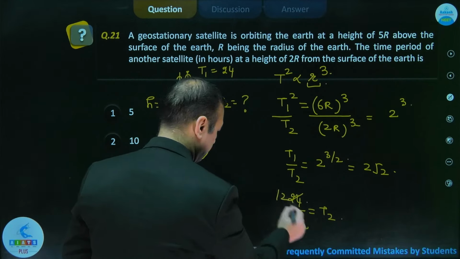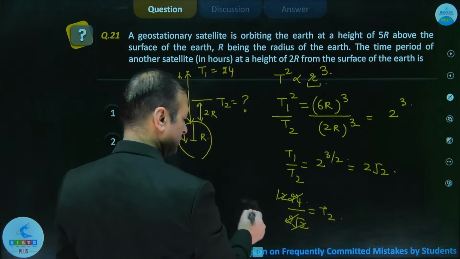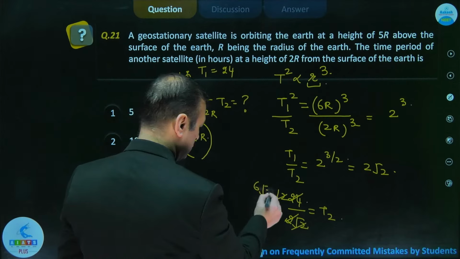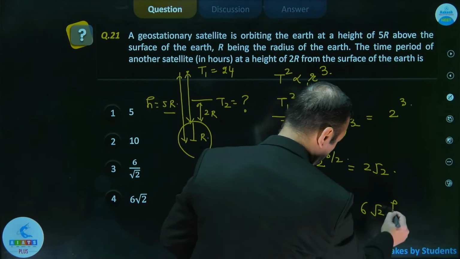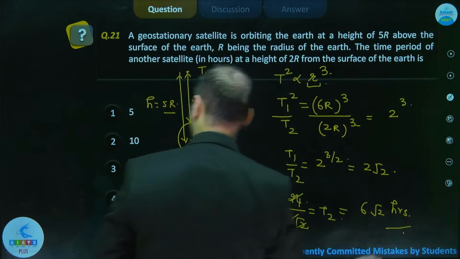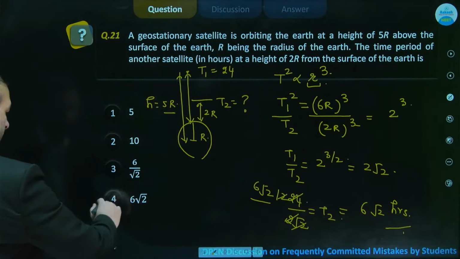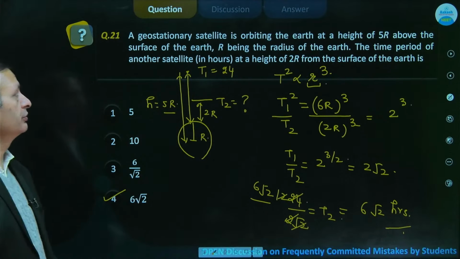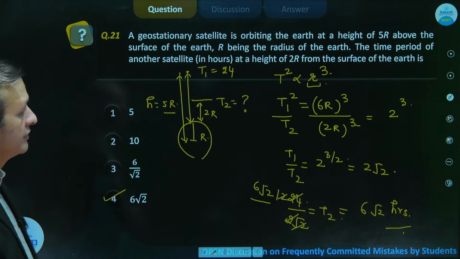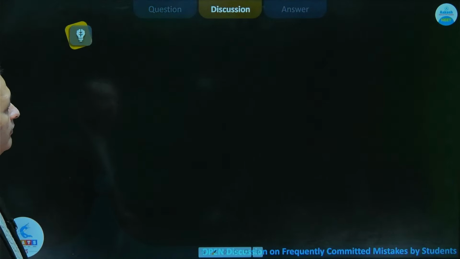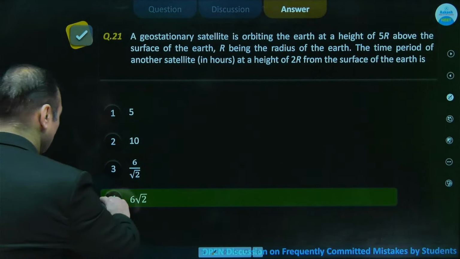So 24 divided by 2 root 2 is 12 by root 2, which is 6 root 2. So T2 becomes 6 root 2 hours. This is the fourth option. Any doubt from this part? Shall we move? Yes, so this is 6 root 2.